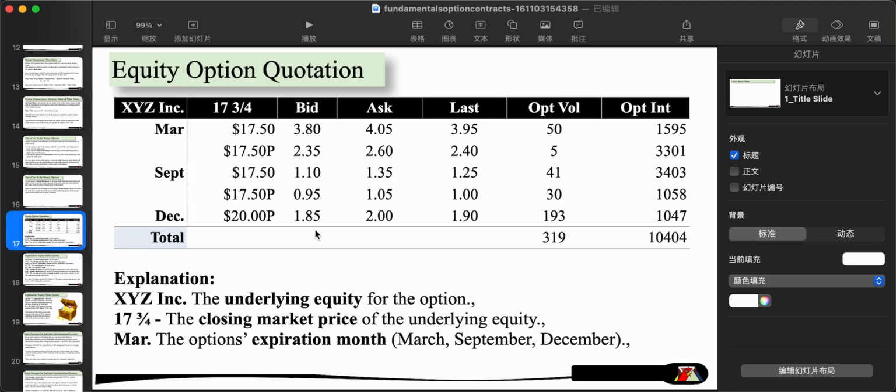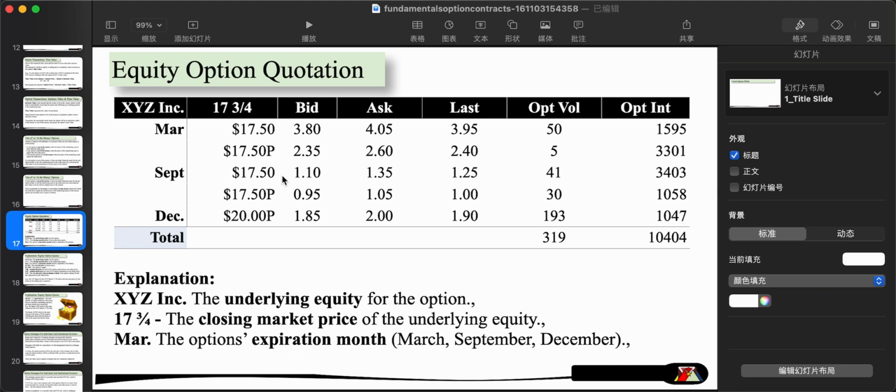So this would be an example of an equity option quotation. You see there are many variables here. Here you see this company's name, XYZ Incorporated. You see the date, March, September, and December options, normally during the middle of the month.